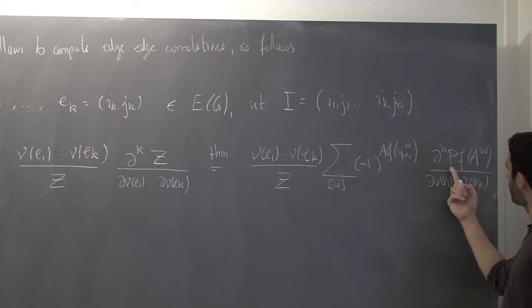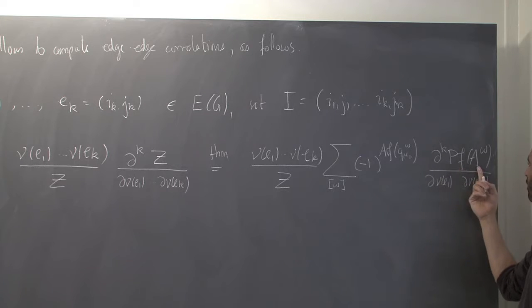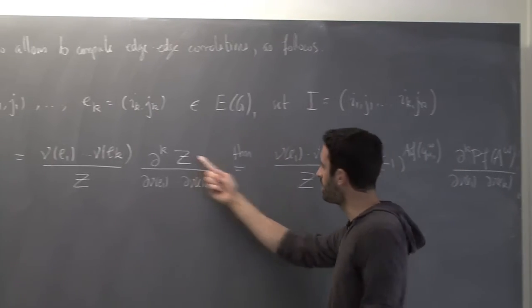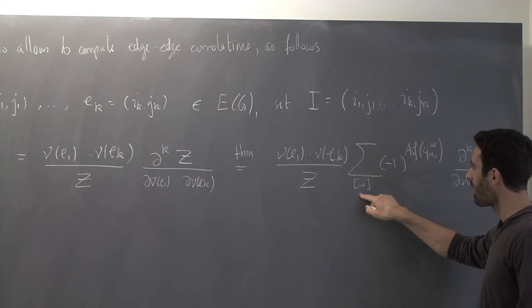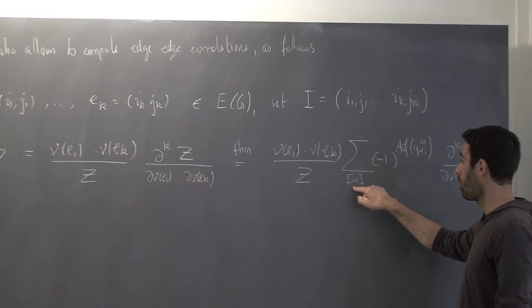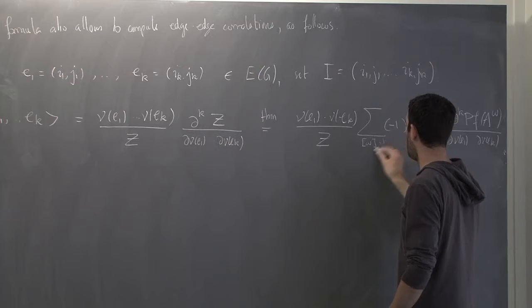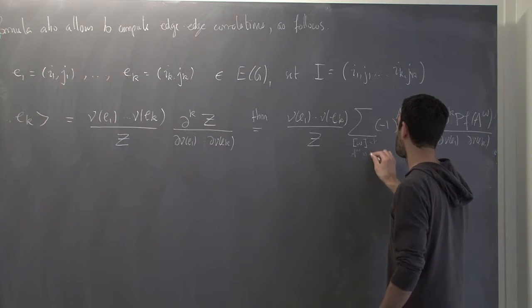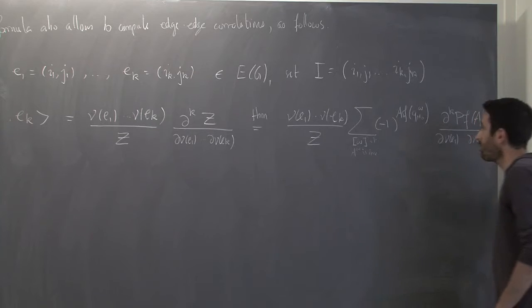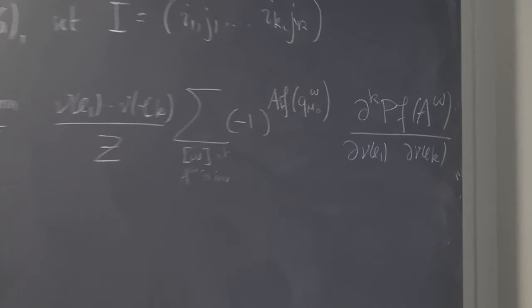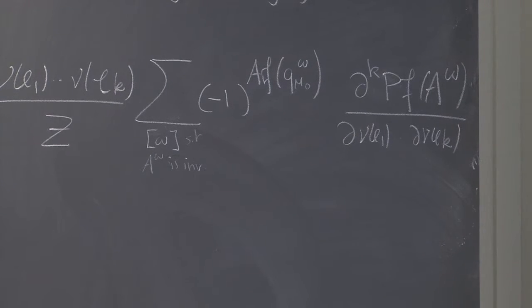You remember, we have a formula for this, but only if A is invertible, only if the Pfaffian is non-zero. But anyway, here we're summing over the Pfaffian. So Z is equal to the sum of Pfaffians, so we can assume that we're only summing over omegas such that A omega is invertible. And then in this case, we have a formula. I think it was property 5 and 6 of the discussion about the Pfaffian.